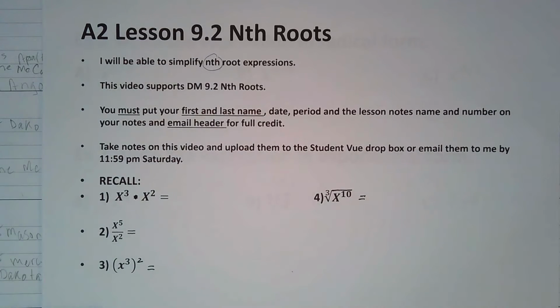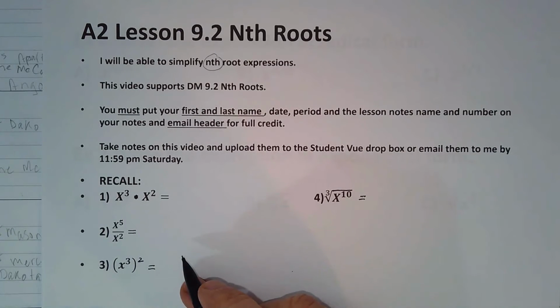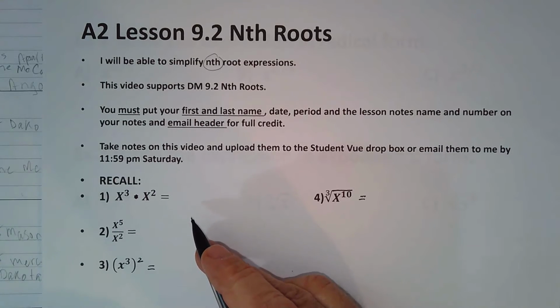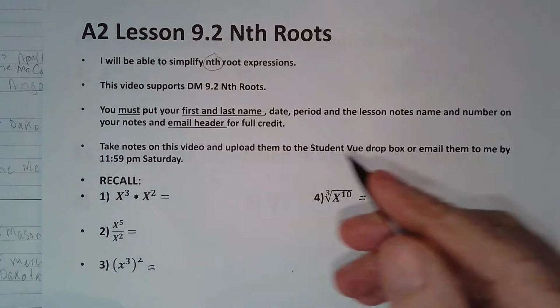All right, so I want us to take a look at a kind of recollection of what goes on in all the middle school and algebra 1 material that we've done in the past.